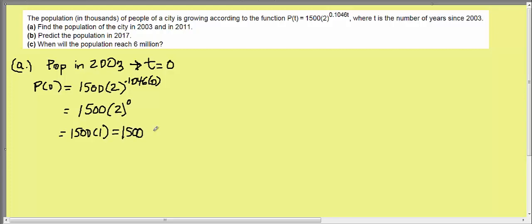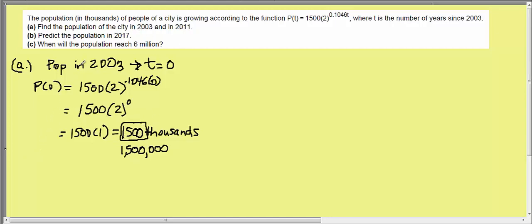Now, this is in thousands because of the words that we read just a second ago. The population in thousands of people of a city is growing according to this function. So when we add 1,000 to this, this is really 1.5 million. Now, for your answer for my math lab, we're just going to be putting in 1,500, because everything's in thousands.